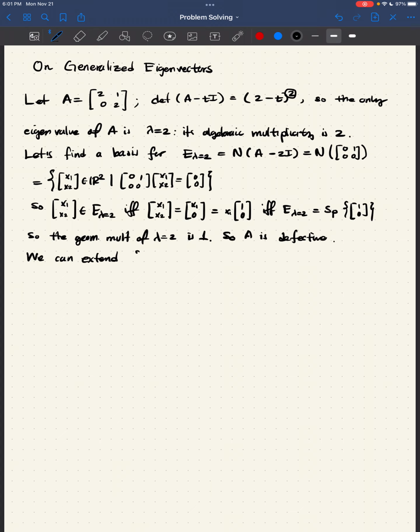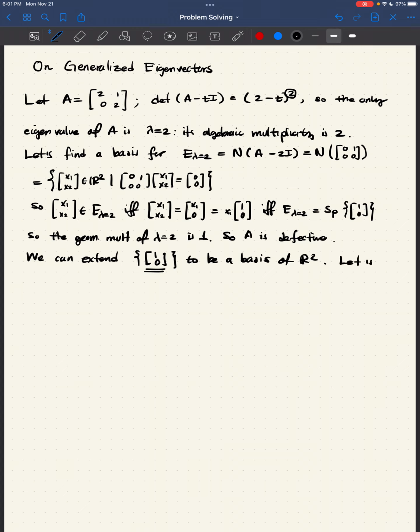So we can extend this collection, this collection 1, 0, to be a basis of R2. But with the following condition, we'll do it in such a way that we generalize this vector. In what sense? Well, in the following sense.